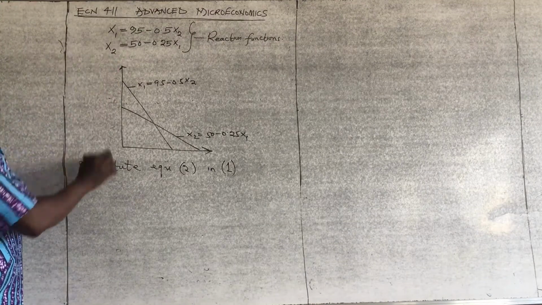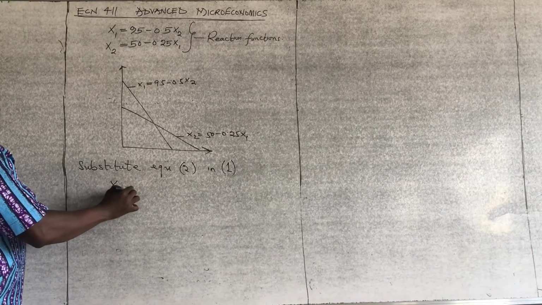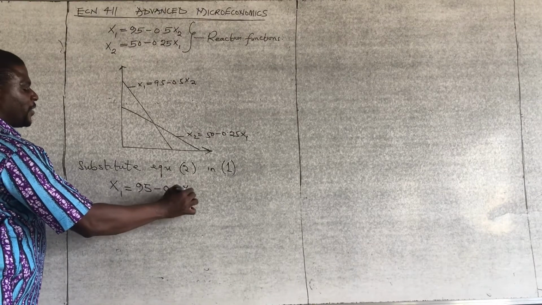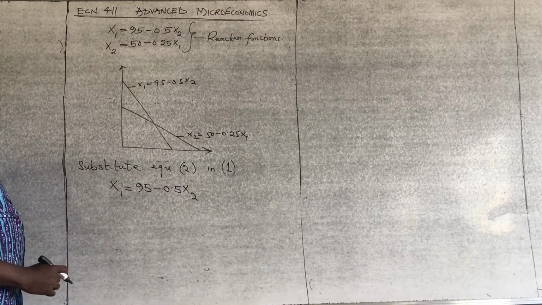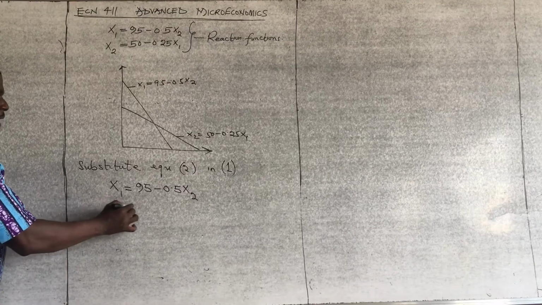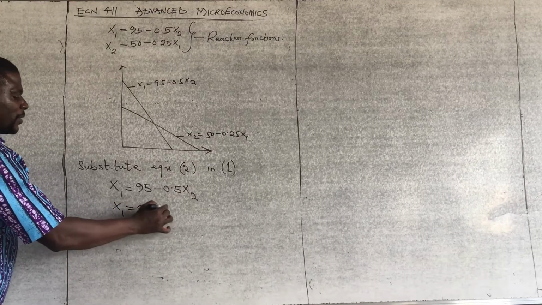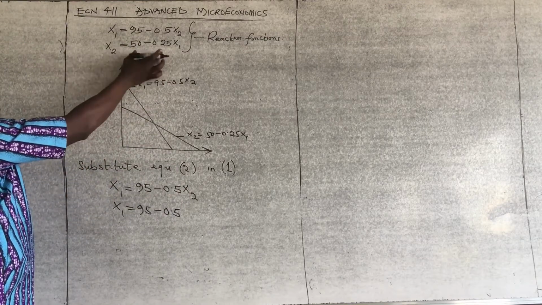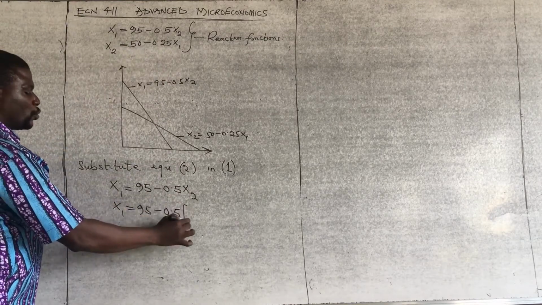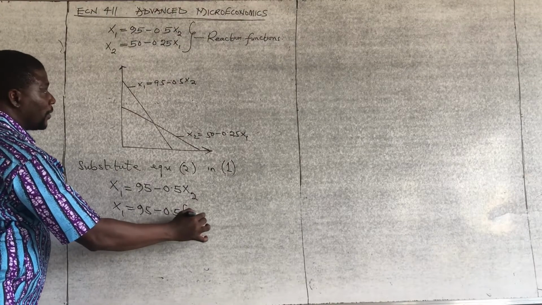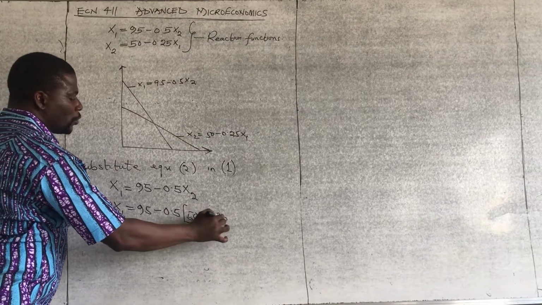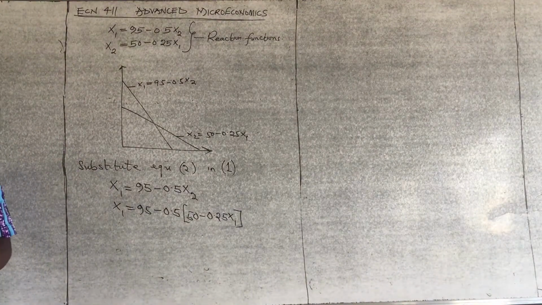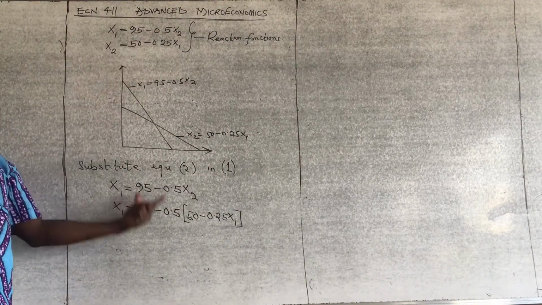So you know our equation 1 is x1 equals 95 minus 0.5x2. So I will now say x1 equals 95 minus 0.5. Instead of me writing x2, I know my x2. What's my x2? 50 minus 0.25x1. Is there anybody lost here? My equation 1 is this.